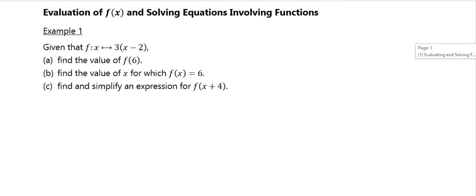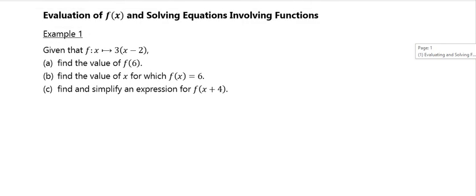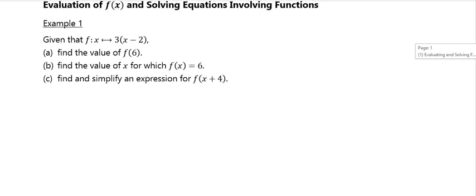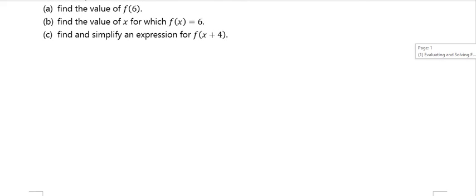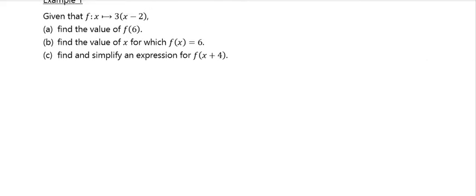So let's do this one. Example number 1: you evaluate f(x) and solve equations involving functions. For part a, given that f is mapped onto 3(x minus 2), you want to find the value of f(6).